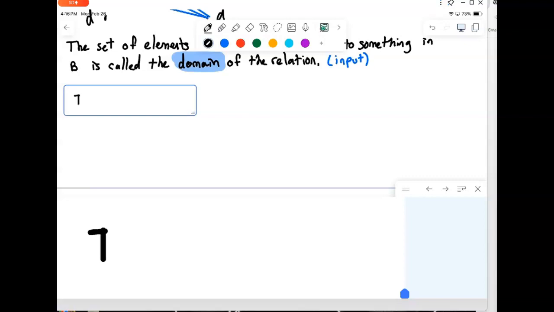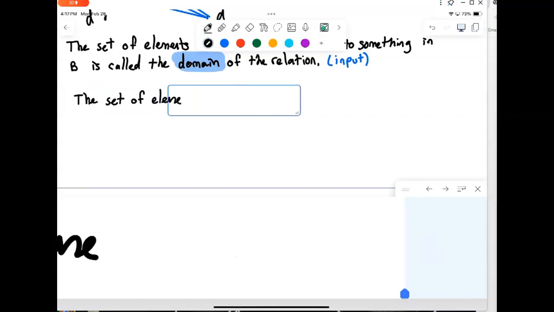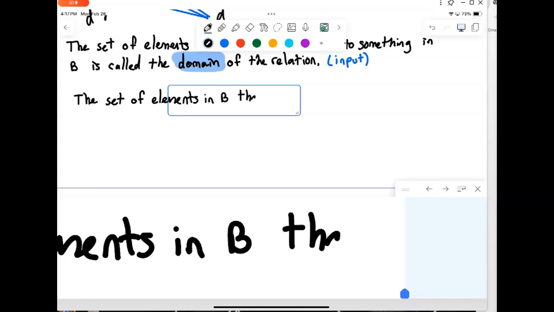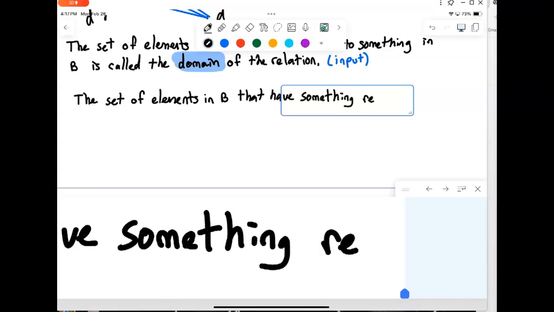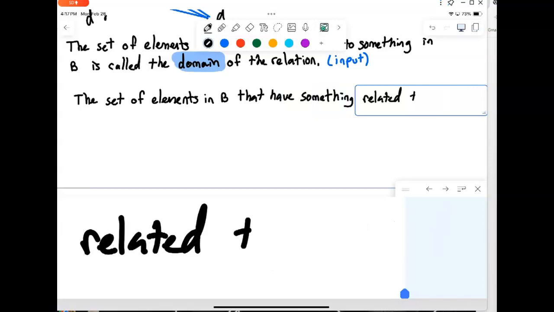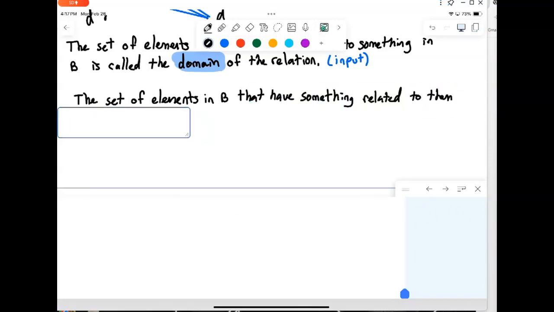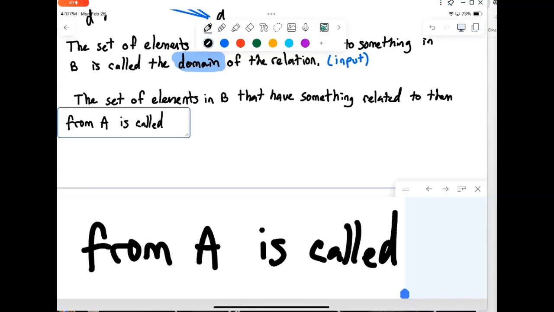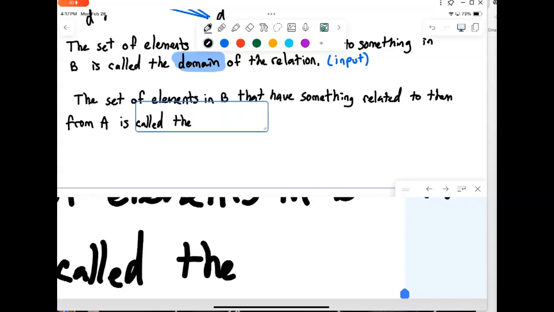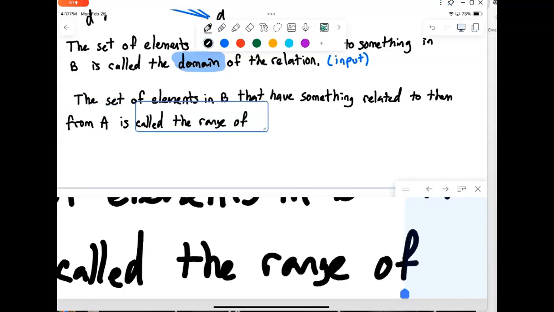We refer to the set of elements in B that have something related to them from A as the range of the relation.